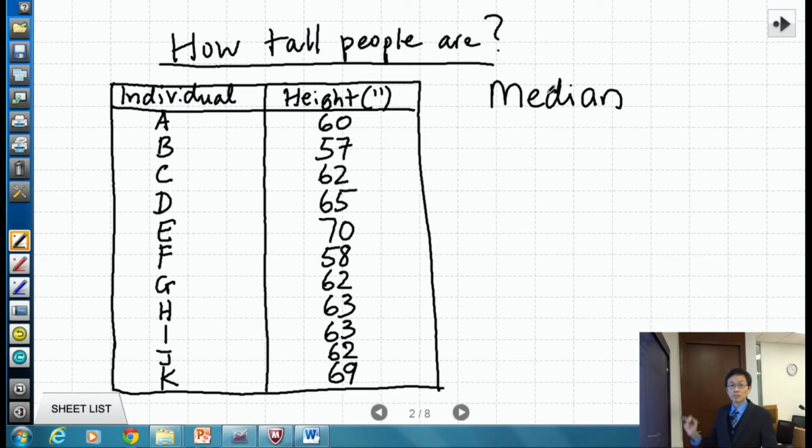Now, to find out the median, the first thing that you need to do is to rank them up from the smallest to the biggest number. So, for example, what is the smallest number here? 57, followed by 58.